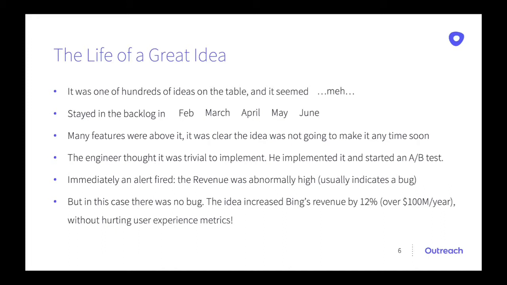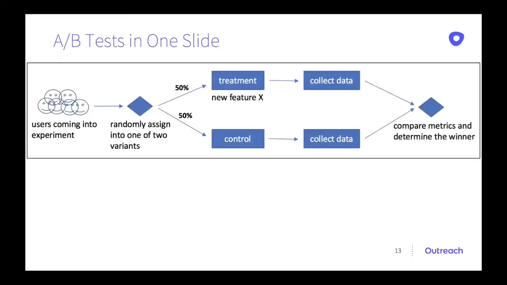So the takeaway is that we shouldn't really trust our intuition when we want to evaluate ideas and decide whether some idea is good or bad. We should really use data. And the best way to use data to evaluate the value of ideas is A/B testing.